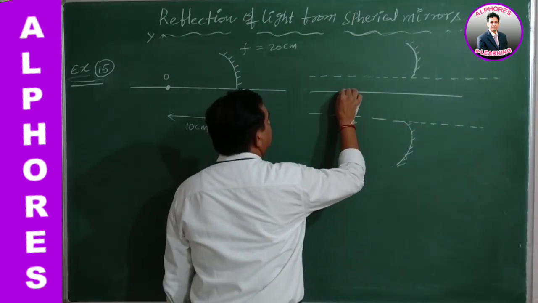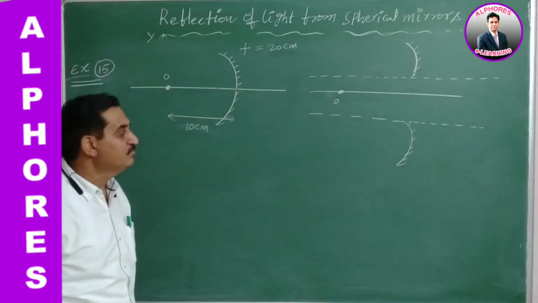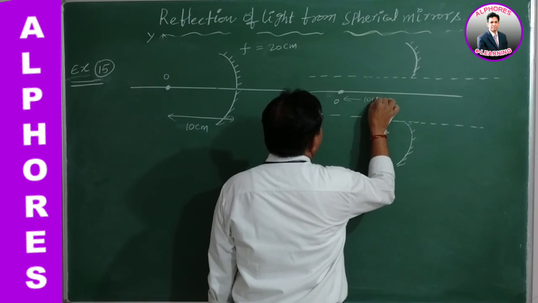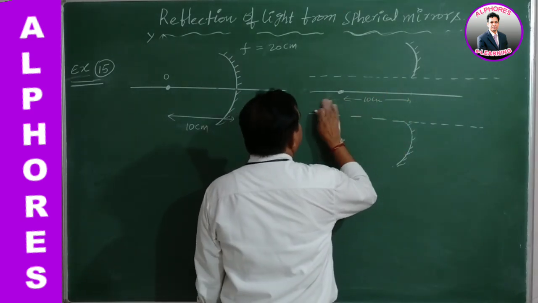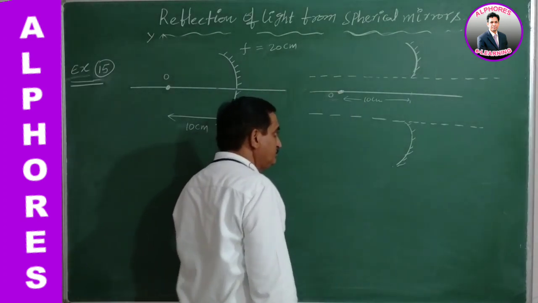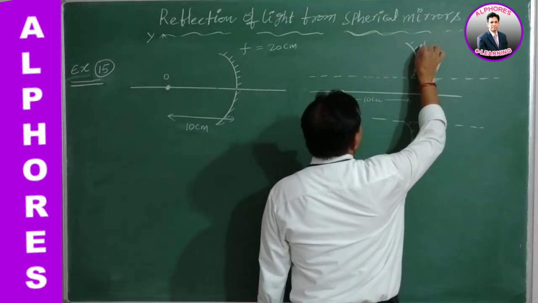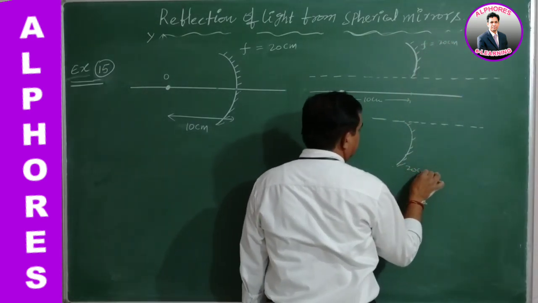The object is not disturbed, it is kept at the same position, at a distance of 10 centimeters from the position of the mirror. And here this is the object. From this principal axis, for this part, its focal length is how much? 20 centimeters.